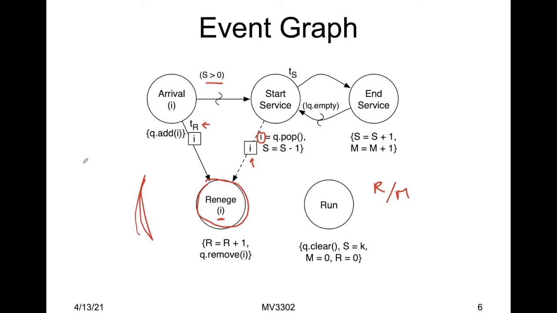Okay, so now all that's great. However, you might be asking, well, one of the other measures that we might be interested in is something that we can't quite capture with this, and that is of the people who renege, what is their average time in the queue?